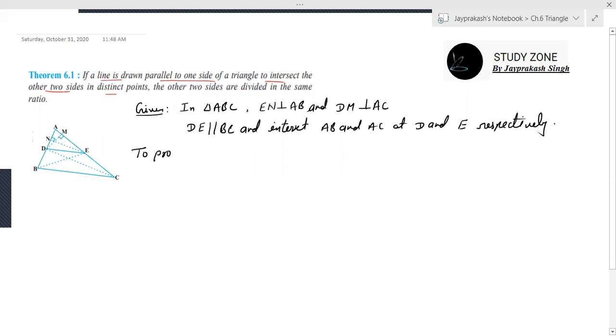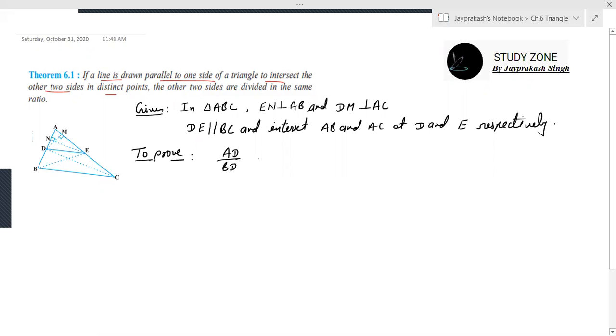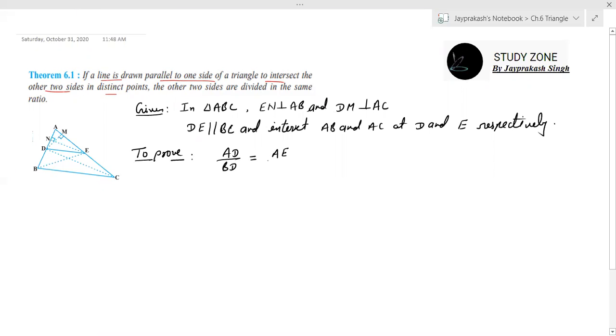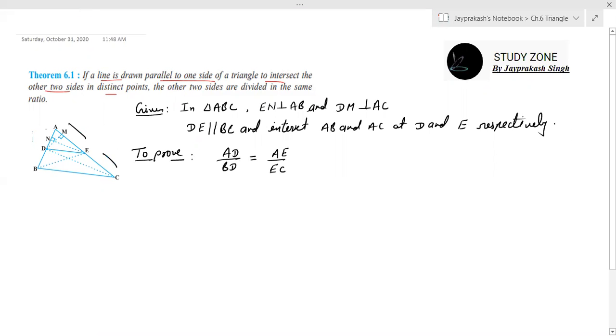Now let's go to prove. So here we have to prove that AD upon BD is equal to AE upon EC. So this one is AE upon EC and this side AD upon BD. So let's see how we can prove this.